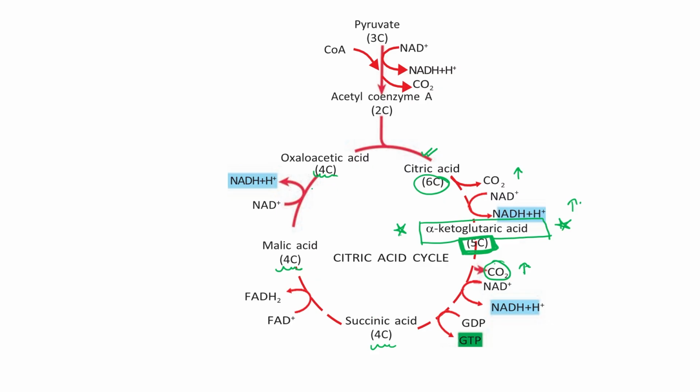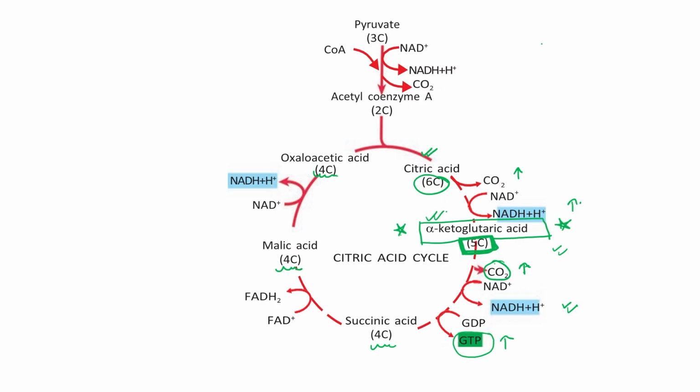So just before and just after the production of alpha ketoglutaric acid, one molecule of carbon dioxide has been released, and on the same step one molecule of NADH has been generated. Clear? After this step, 1 molecule of ATP or GTP is also produced.